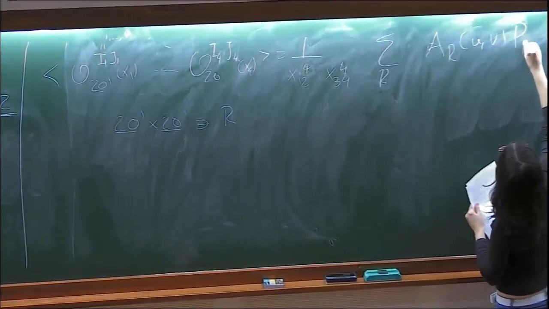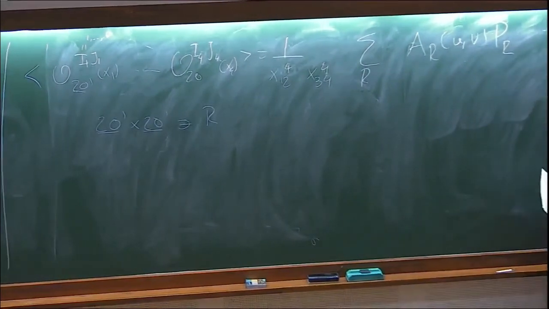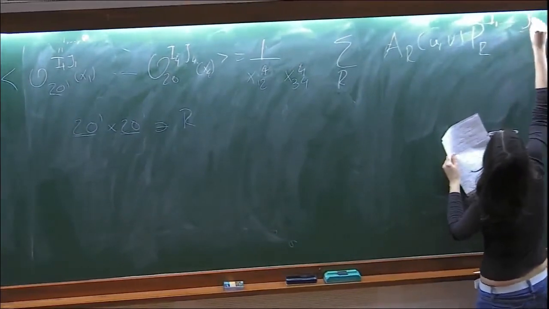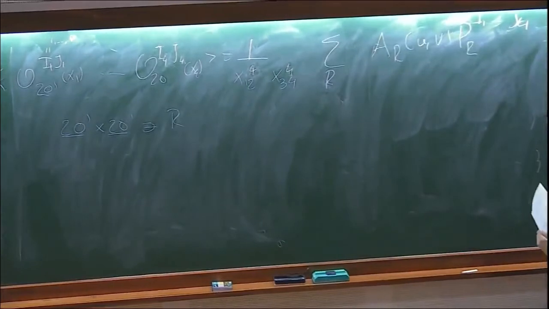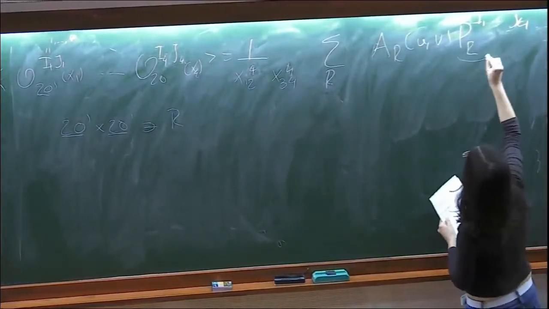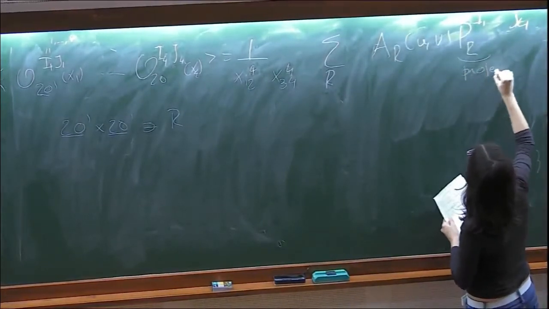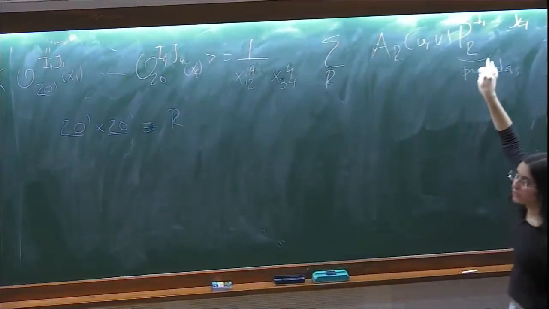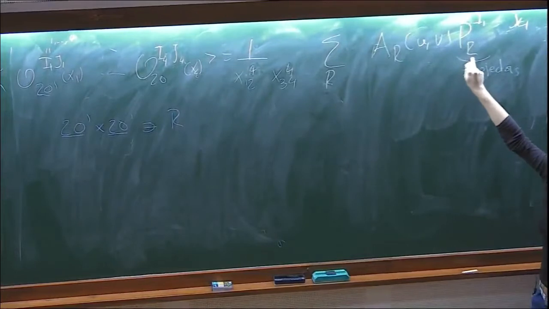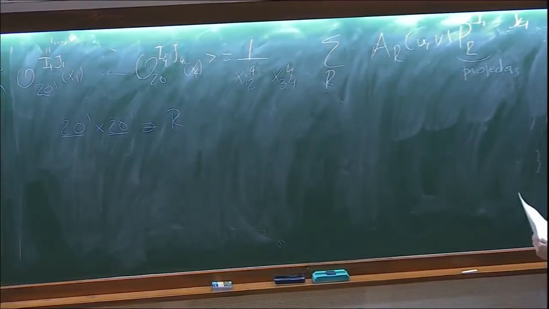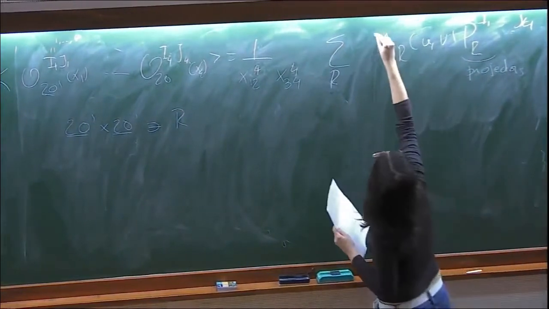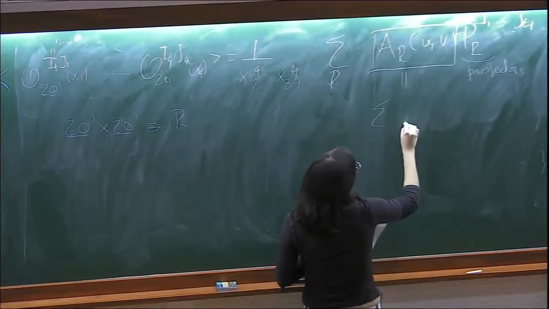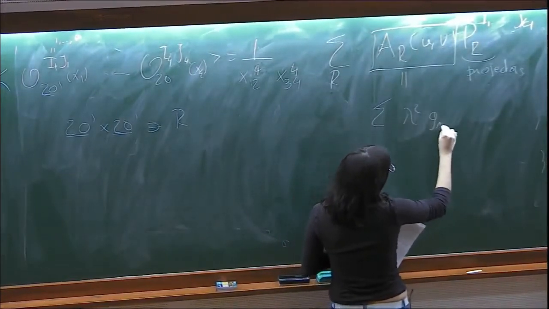And something that takes care of the index structure of the SU(4)_R symmetry. So these are just some projectors that take these 4 representations and take into account when representation R is exchanged in the OPE. So now, each of these guys is what gets an expansion in conformal blocks.